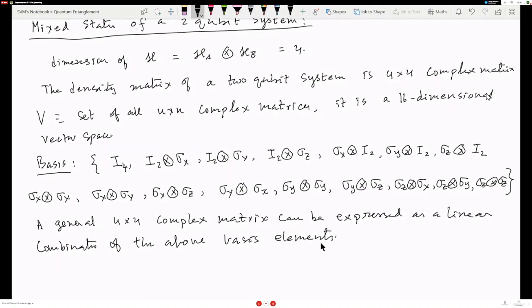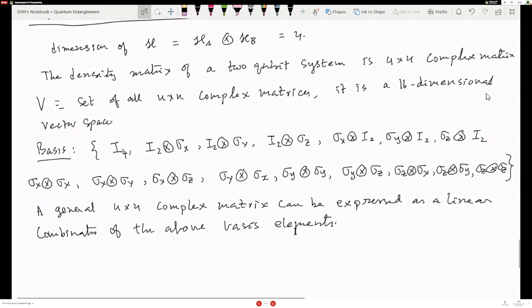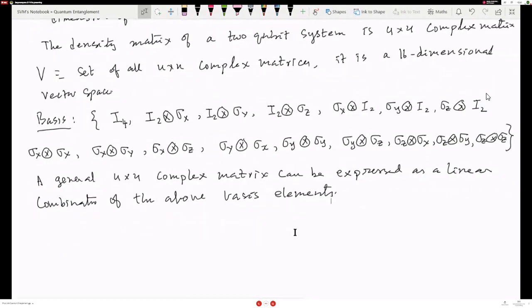Now again, you see that the trace of all these matrices is 0 except the 4-dimensional identity, and hence the trace of rho is given by the identity only. For example, if you demand that the trace of rho is equal to 1, it implies the coefficient of I4 should be 1/4.